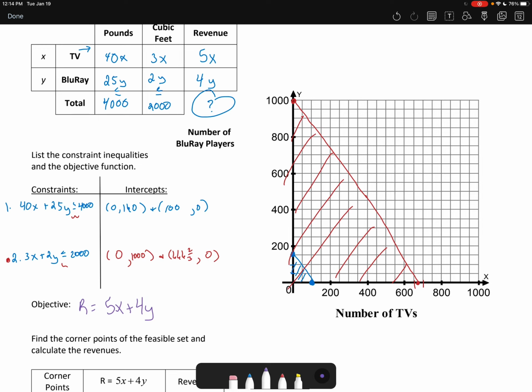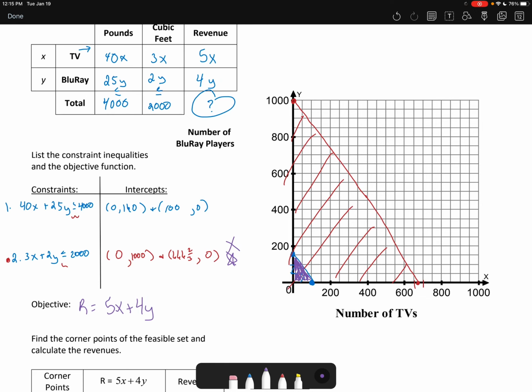So the only place where both shadings occur are under here. This is kind of an interesting one, a weird one, because what ends up happening is that this higher constraint doesn't even really matter. We are totally constrained by the first one, which is the pounds. The cubic feet are almost irrelevant in this situation.